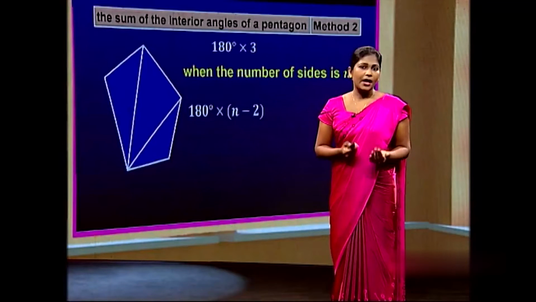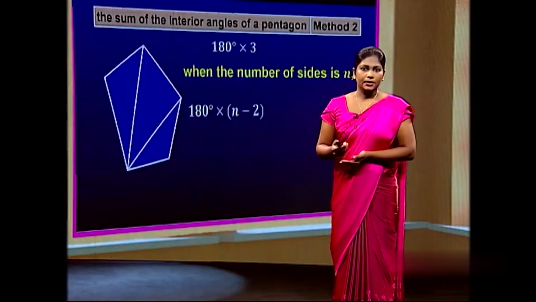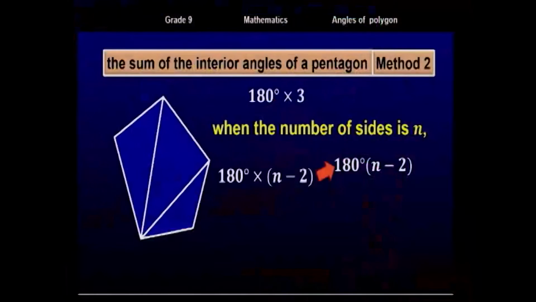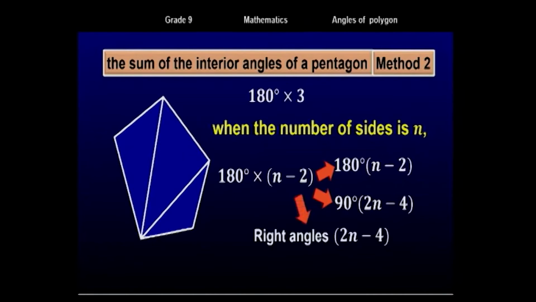Again, you can write this formula in the same ways as 180 into n minus 2. Another way, you know, is 90 brackets 2n minus 4, and finally, in place of 90 degrees, right angles into 2n minus 4.